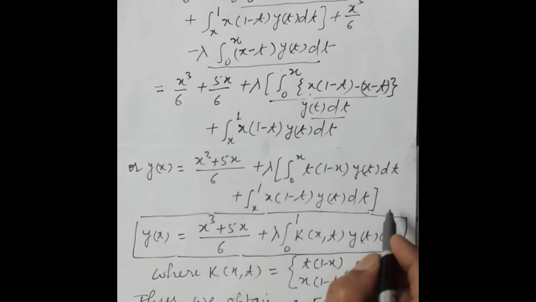This equation is denoted by 2 and K(x,t) is denoted by 3.